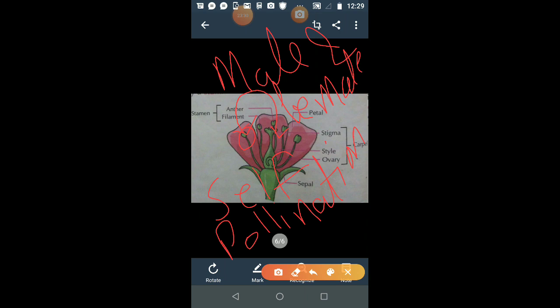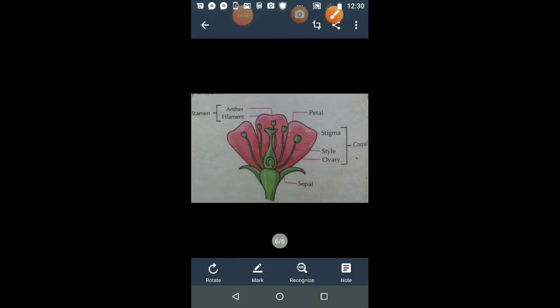So this type of pollination is known as self pollination. I hope you all are able to understand. Okay, now again see the picture. Now let's take one more picture.